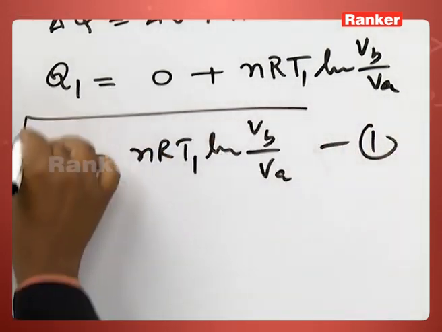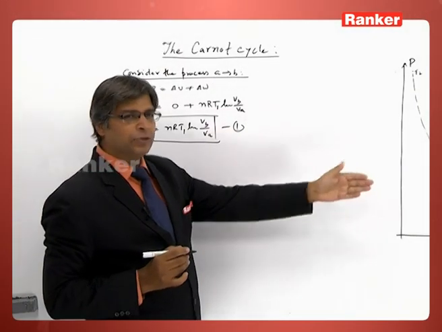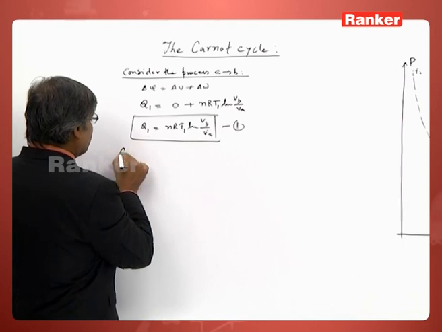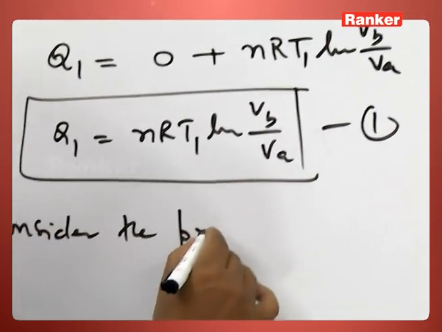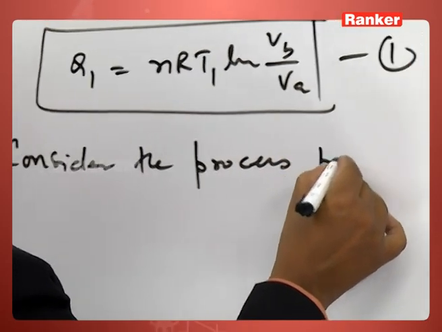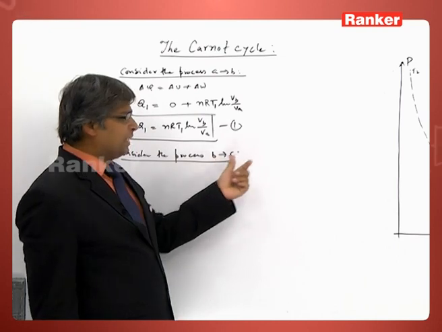I will write this as my equation 1. Now come to the B to C process. So consider the process B to C.